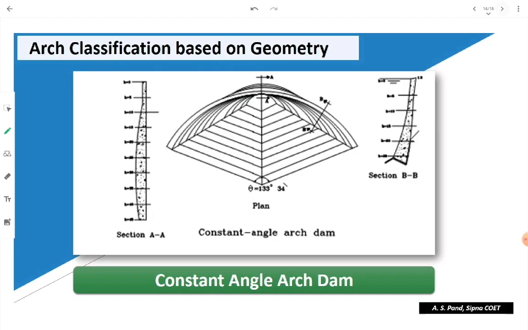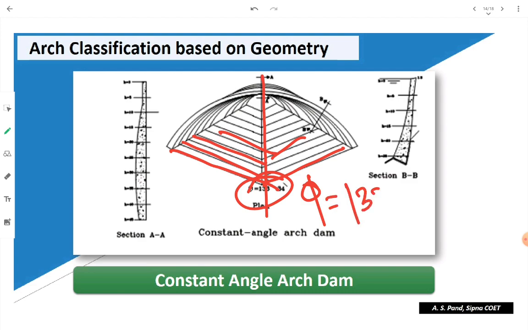Okay, now the third type based on geometry is the constant angle arch dam, in which a center line is provided and an angle is kept constant throughout the construction of the dam. Okay, in this example, phi is kept as 133 degrees.